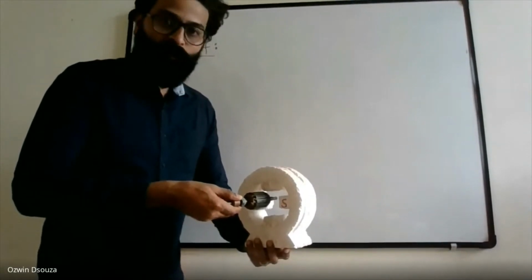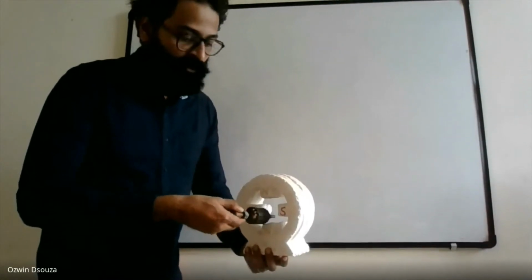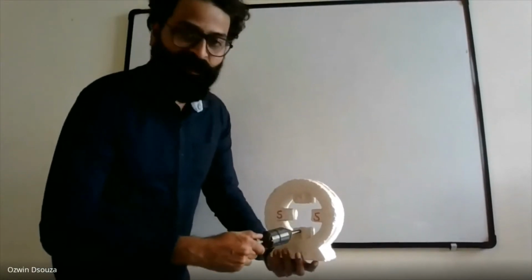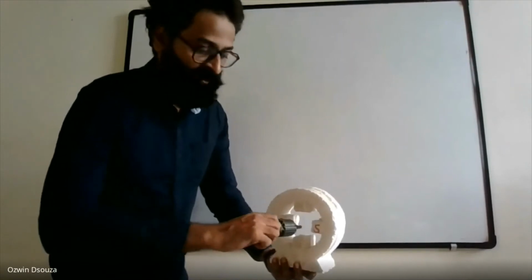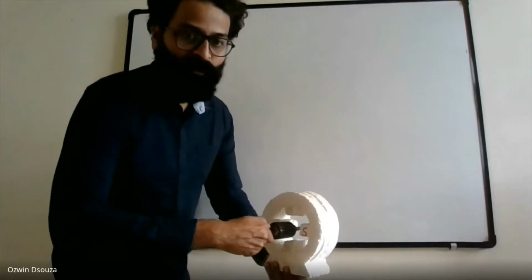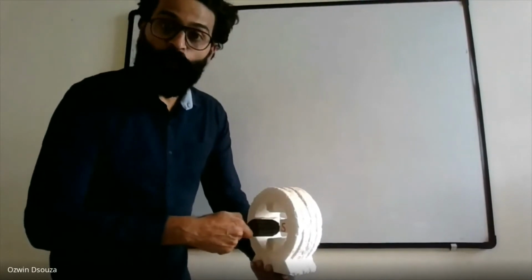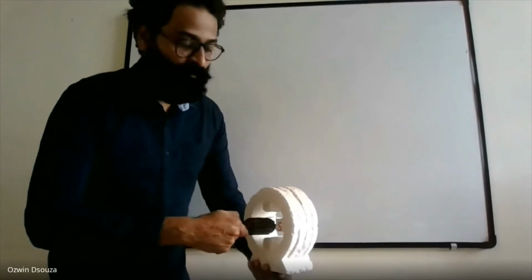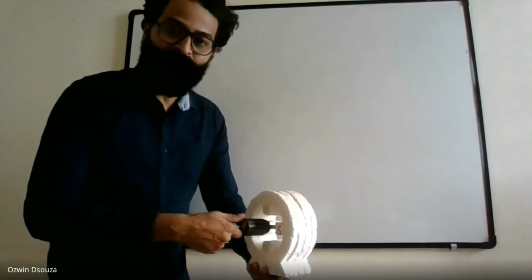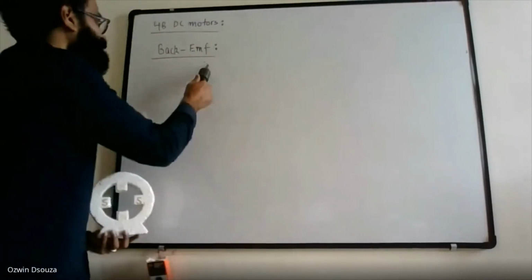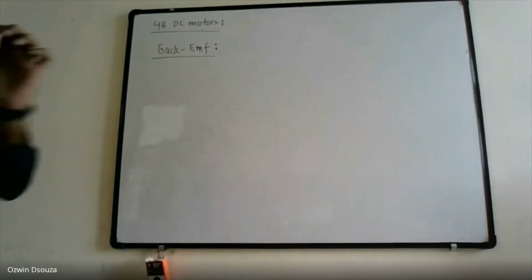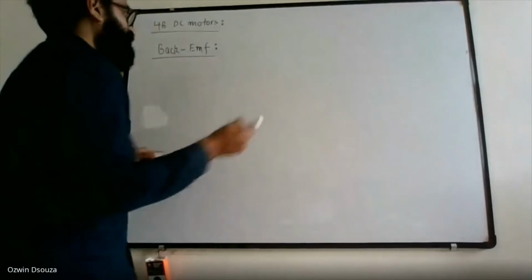Now, when the rotor is under motion, it is going to cut the flux lines set up by the stator, right? So when the rotor cuts the flux lines produced by the stator, there will be an induced EMF in the rotor. So that induced EMF is called the back EMF. So the back EMF takes place after motoring action.